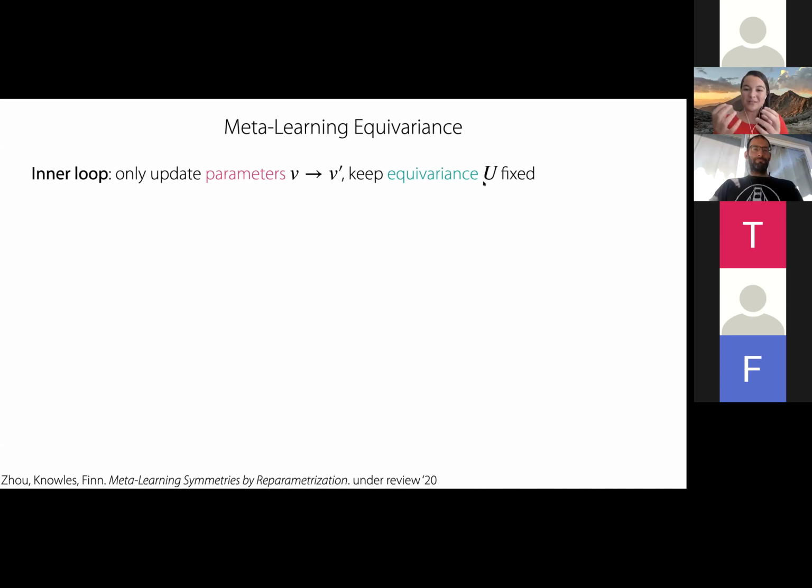This will allow us to encode and preserve symmetries within the network architecture. So in the convolution example, we would preserve the fact that it's a convolution function and change the underlying filters of that convolution function. Then in the outer loop, we're going to learn this equivariance u, and also the initial set of parameters v, similar to the way that MAML learns a set of initial weights.